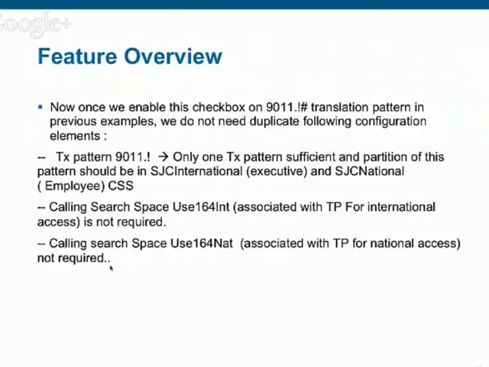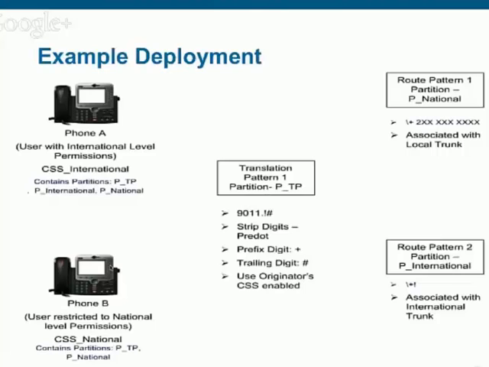So this is the same example. Once we enable this checkbox on the 9011.pound translation pattern, not everyone can dial international calls, because it would be decided by the administrator whether that particular phone has access to the final route pattern or not.